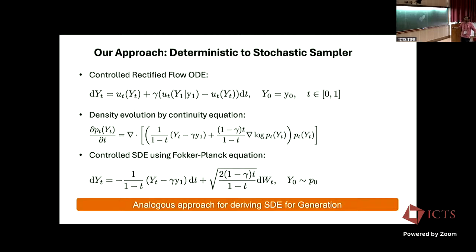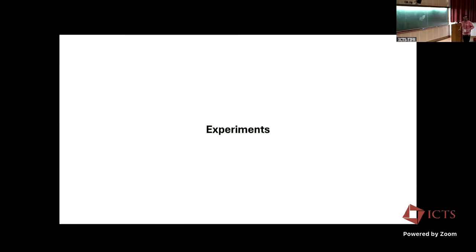Then you can take the continuity equation and use a Fokker-Planck to get an SDE out of it. Just go backwards, and so you can get a diffusion model, in the sense that there's a drift field and a time varying standard deviation term in the diffusion term, for the kinds of things we are doing.